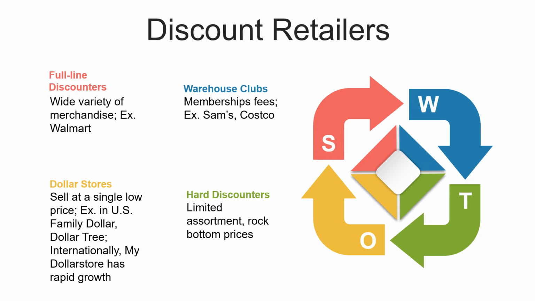Discount retailers. In this slide, we have four types of discount retail. Full-line discounters typically offer a wide range of merchandise, including non-food items and imperishable food in a limited service format.